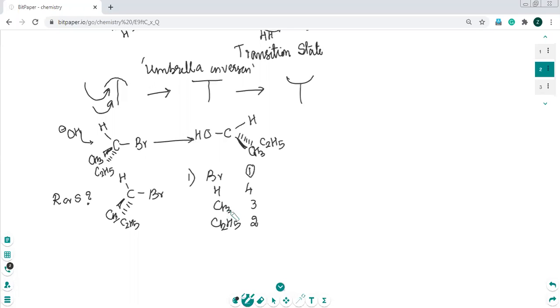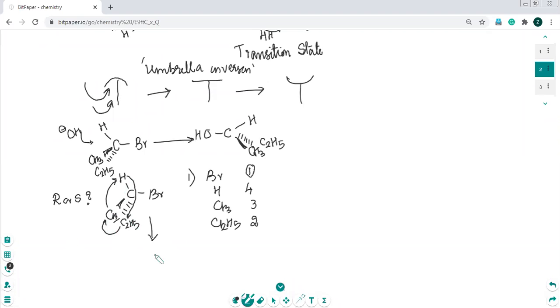What is the next step? Bring the last priority group to the backside. That means this hydrogen I have to bring to the place of C2H5. So I should rotate and replace. What will I get?